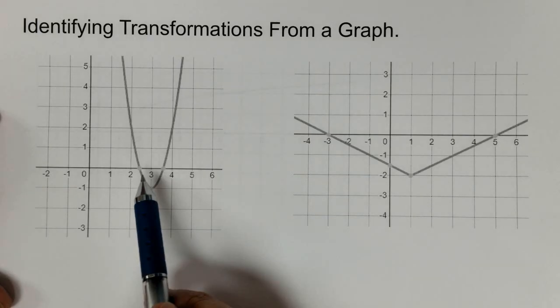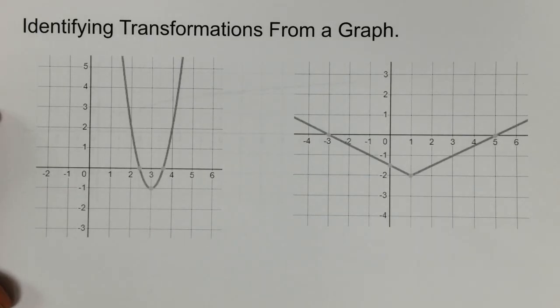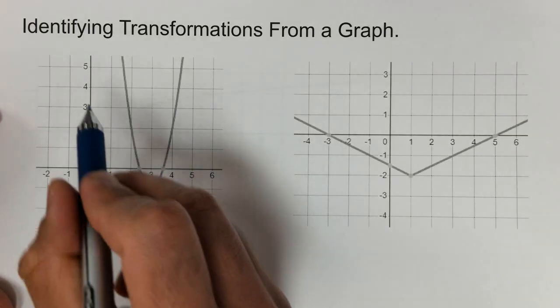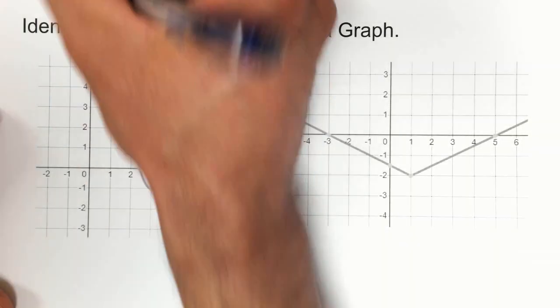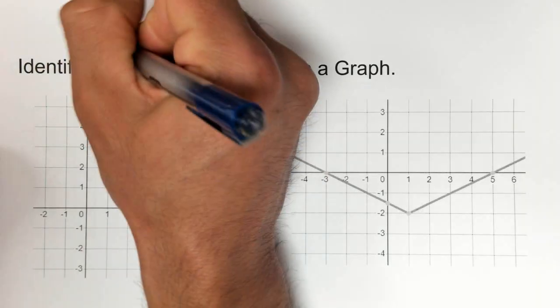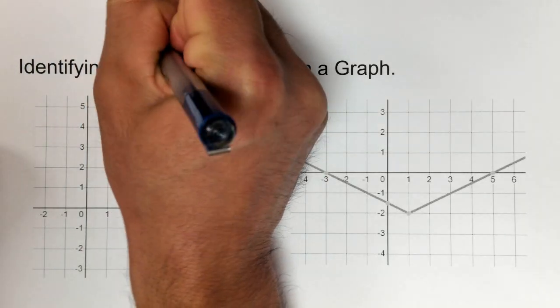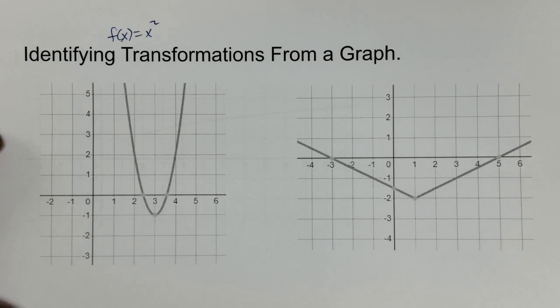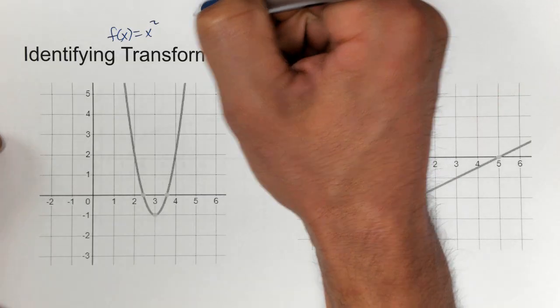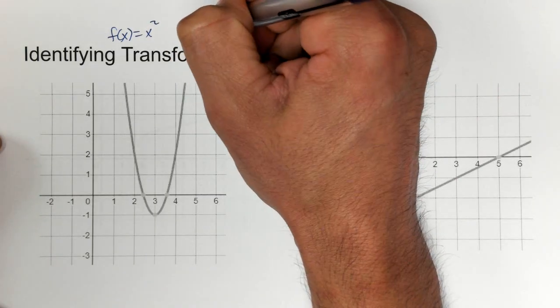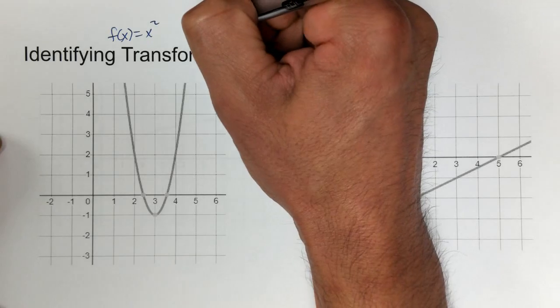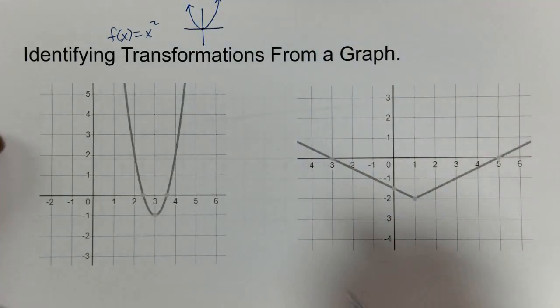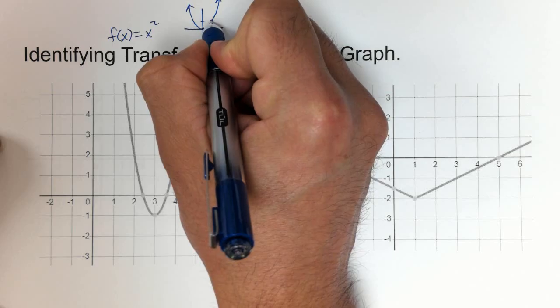Here we have a quadratic and we have an absolute value. Right? If I'm able to recognize the shape, I'm always able to graph the function itself. I can always graph f of x equals x squared, and I can compare it to this one to see how it moved. Now, all parent functions, for the most part, are going to go through the origin and cross at 1 over 1, meaning they're going to start at the origin, or centered at the origin, and go through the point 1, comma 1.